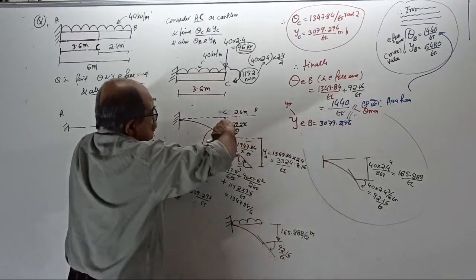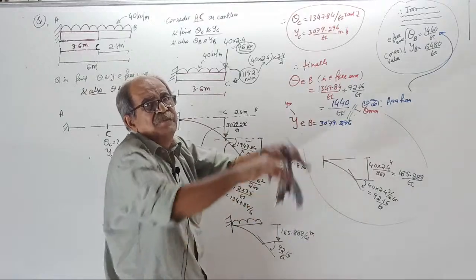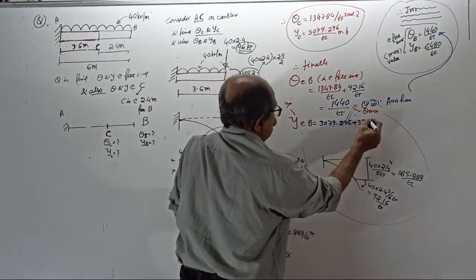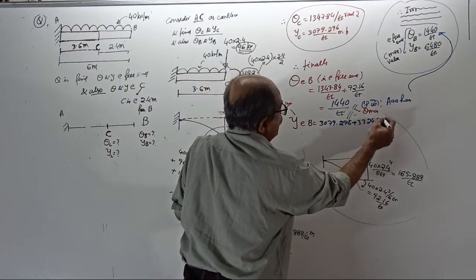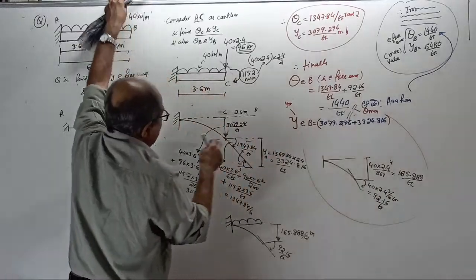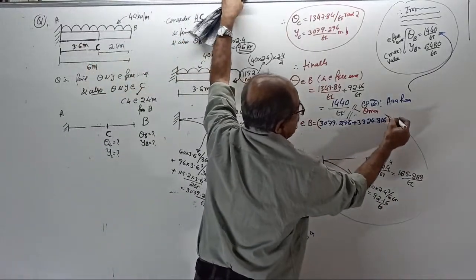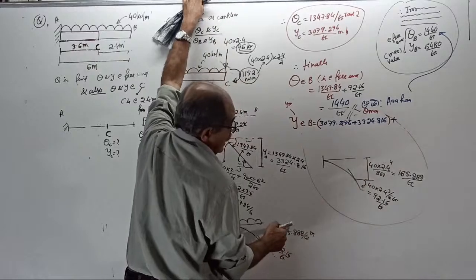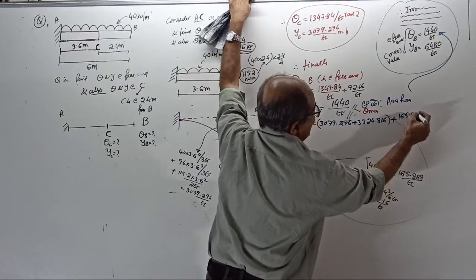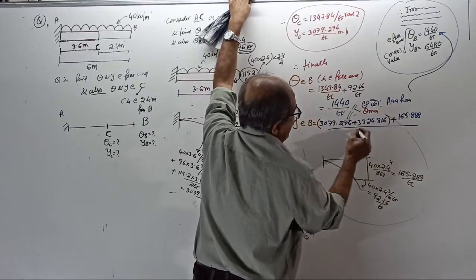Then, because of this rotation, the free end came further down by 3324.816. These are the sum of the two red values. This effect plus extra deflection now of 165.888, all divided by EI.